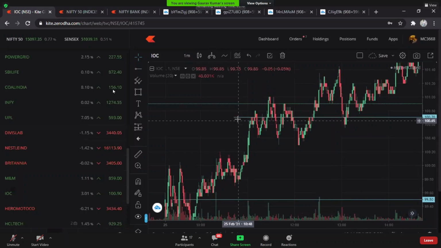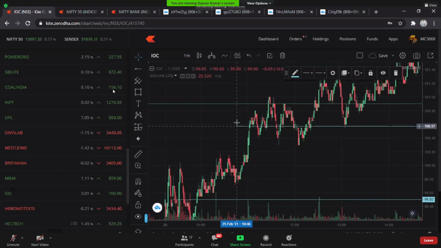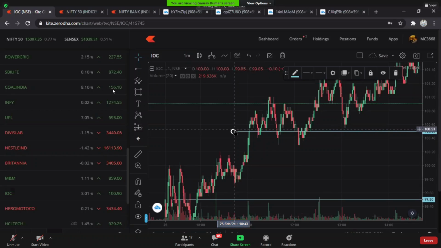I had taken this trade in IOC. Okay, and somewhere at this point was acting as my resistance at 100.5 exactly. I guess it was my resistance.